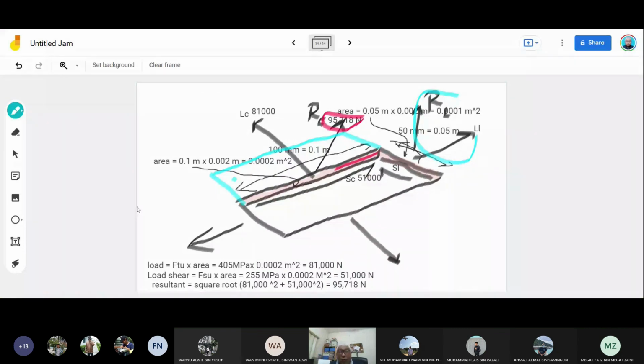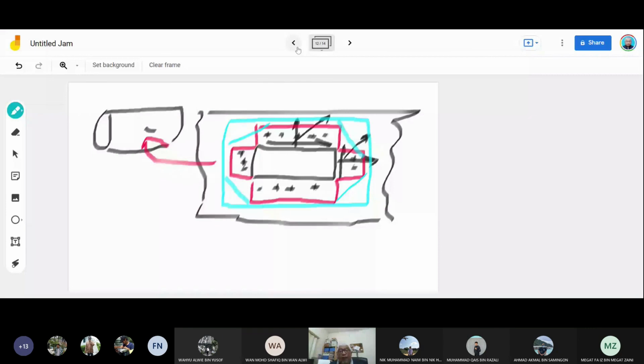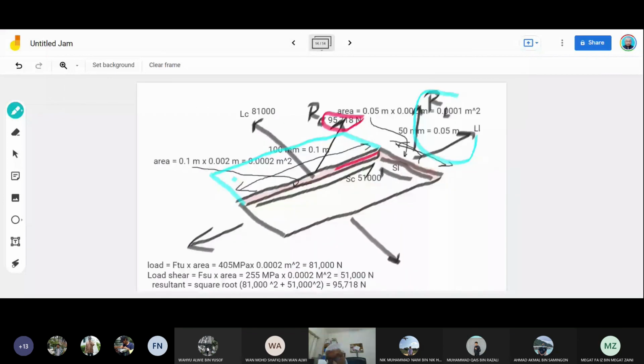What we're doing here is to calculate the load loss of the angle or channel, and the load loss on the skin when you do repair, when you cut out the damage, remove the damage, and you do the doubler repair. So this is the method of how to calculate the load loss. Any questions?